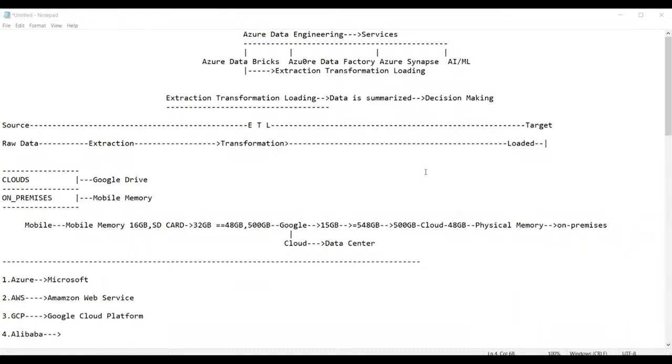It is asking for a credit card number. Yes, credit card, obviously. That is for the free subscription. It will charge some 2 rupees from the credit card, and this free subscription will be valid for 30 days. After that you have to go for the pay as you go model, which charges based on your usage only. It will not charge you more than 700 to 800 for an individual.